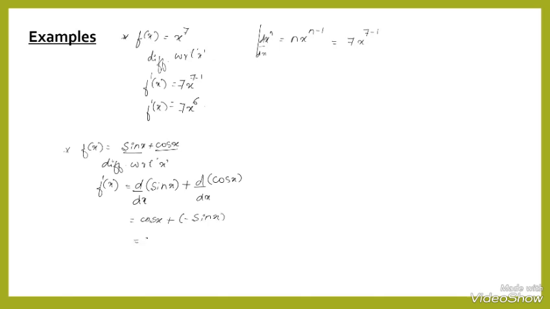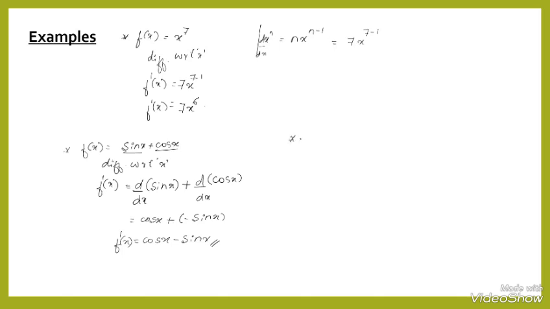That is equals to cos x minus sin x. Differentiation of sin x plus cos x will be cos x minus sin x. This is the solution. Again, similarly, I can solve these two functions as a multiplication.